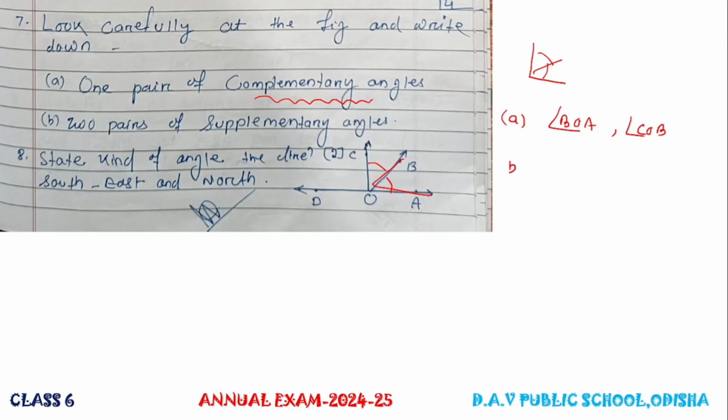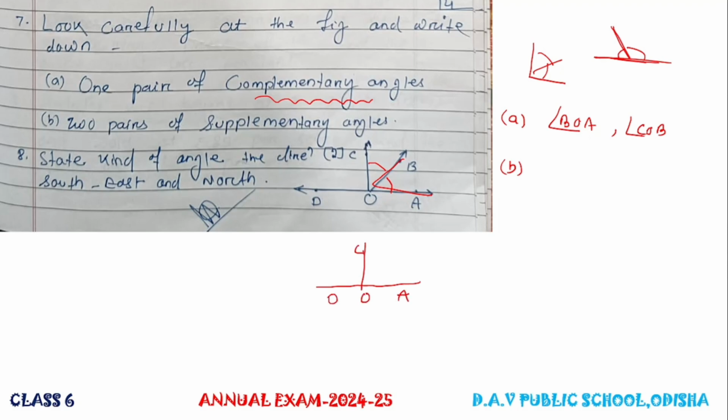Yes or no? Now b number, two pairs of supplementary angles. Supplementary means this and this. Okay, means when a line meets a straight line, it is called supplementary angles. Means this angle plus this angle. Suppose OA, D, here is OA.